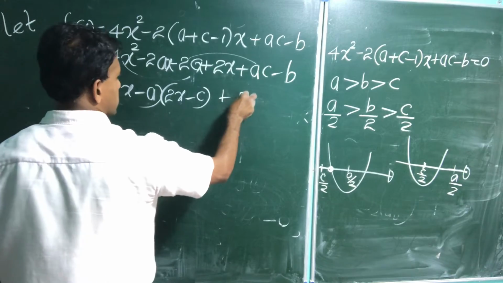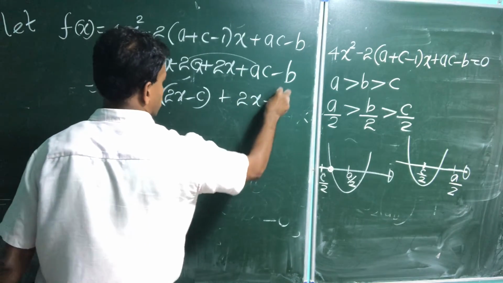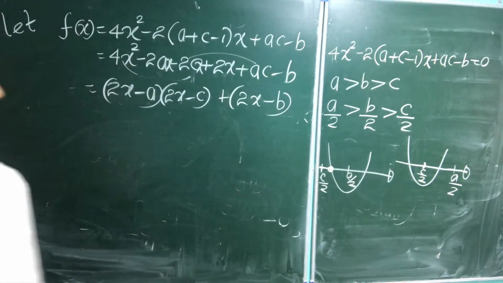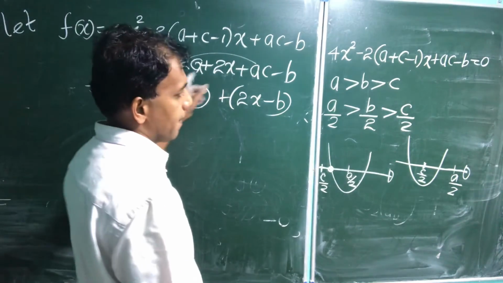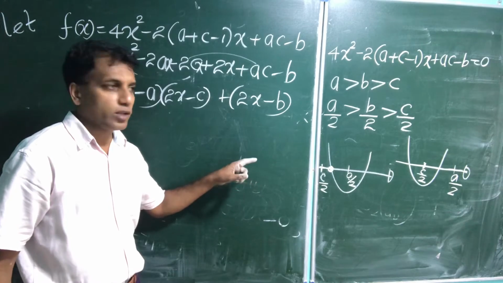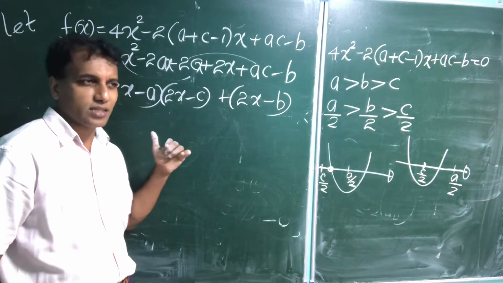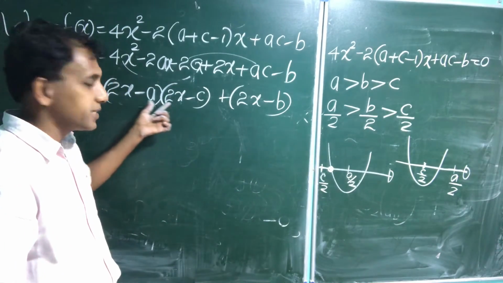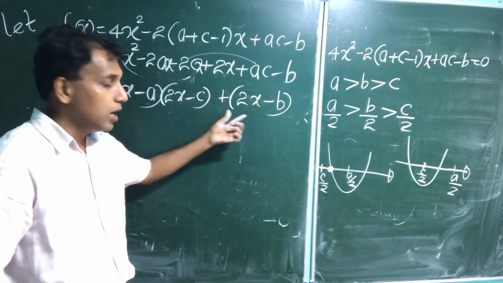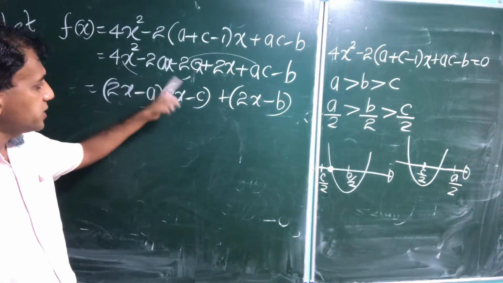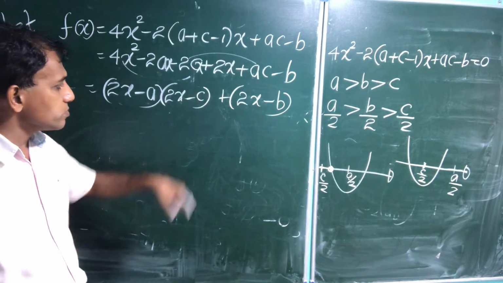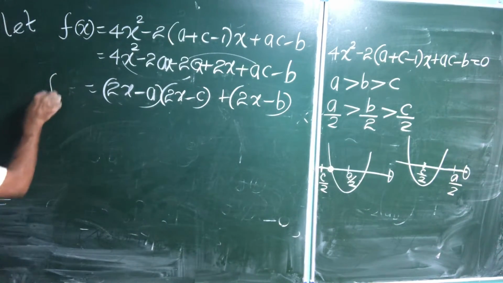Yes. Check whether it's correct, 2x minus b at last, see this one. So according to the problem, you can change it, 2x minus a, 2x minus c, plus 2x minus b, right? Rearrange that form. This is equal to f of x.